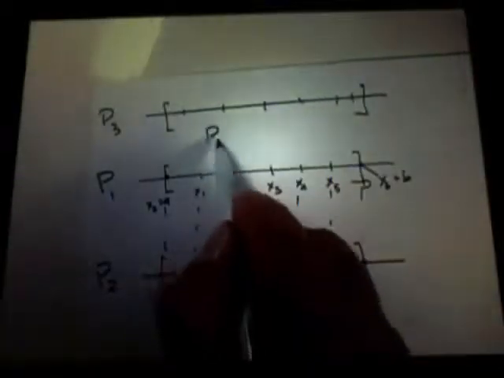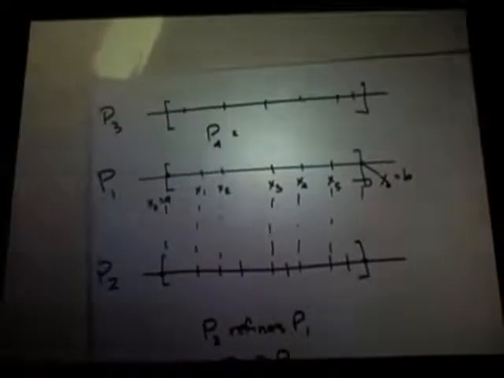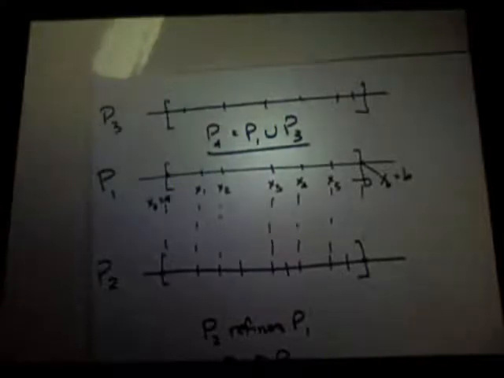However, there is a set that refines both P3 and P1. Let's see if you can guess. P4. Yes, ma'am. Okay. And P4 is what? P1 union P3. So it automatically has everything in P1 and P3 in it. So it is comparable to P1 and P3 by set inclusion.